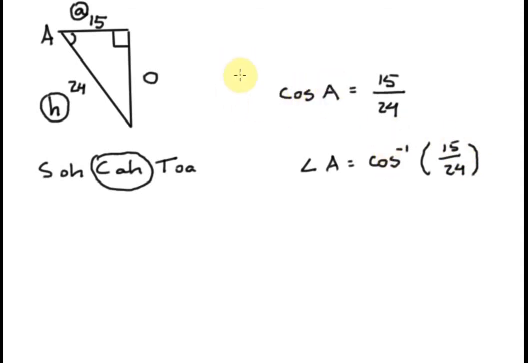The reason we use cos inverse is we go cos inverse of both sides. And what happens is an inverse function undoes a function. So cos inverse and cosine, they kind of undo each other. That's what inverse functions are all about. So they've killed each other off, leaving just angle A. And so the work on the right is cos inverse of 15 over 24. And when I do that, I found I got 51.3, or to the nearest degree, I could just say 51 degrees.